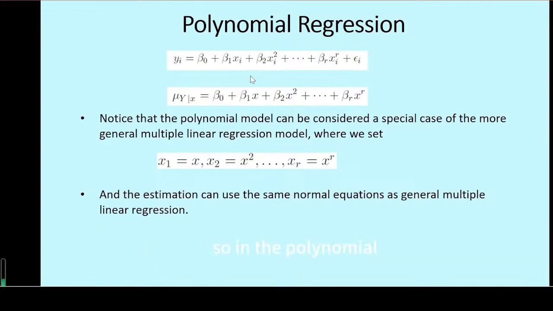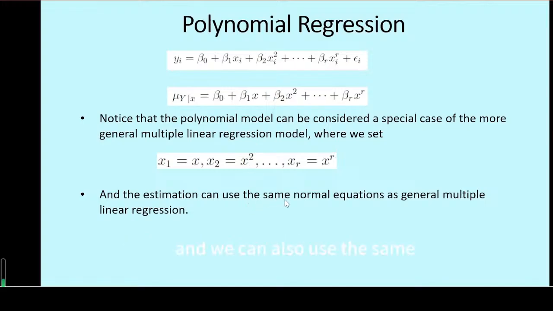In polynomial regression, the different variables actually come from a single independent variable x, and it exists as x to the first power, x to the second power, until x to the rth power. Because the parameters beta 1, beta 2 until beta r are still linear, this is also linear regression, a special case of multiple linear regression.